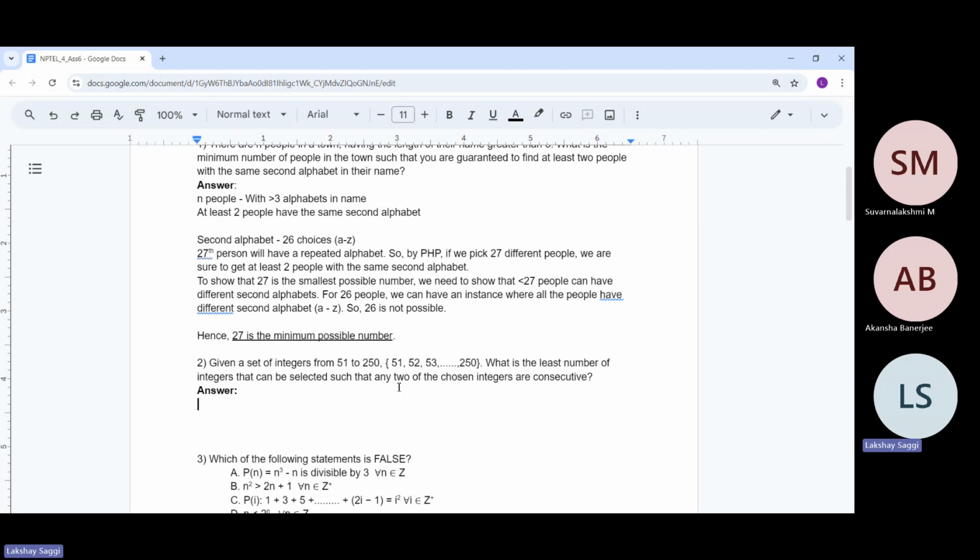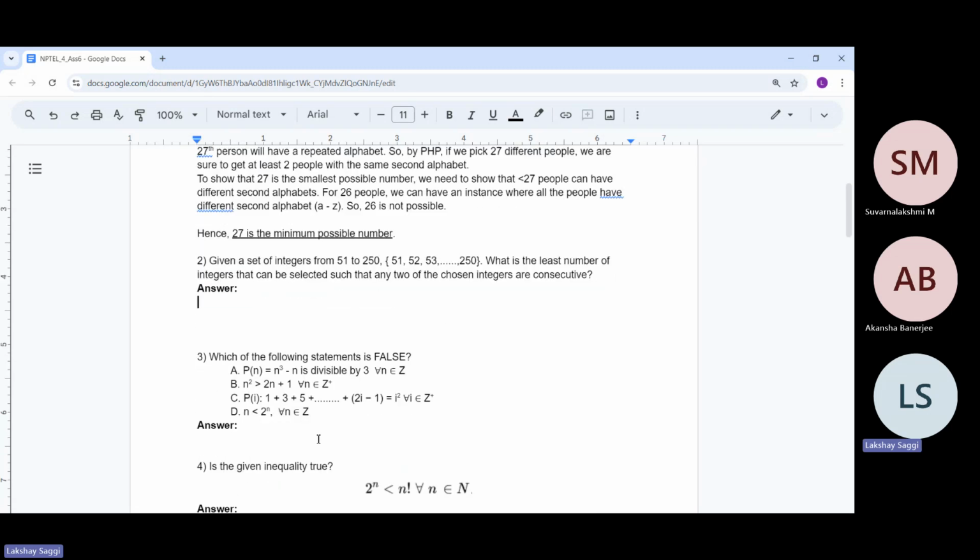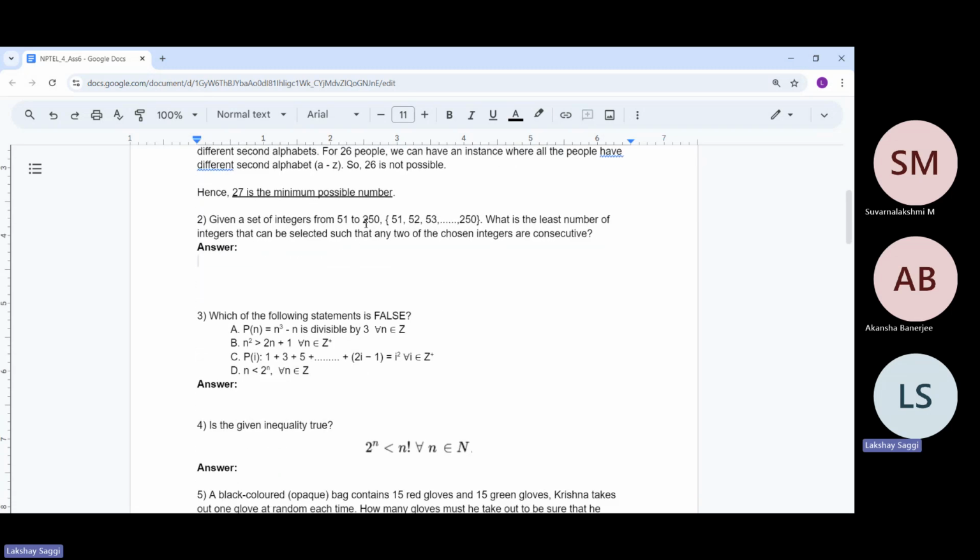Now let's move on to the second question. The second question says that given a set of integers from 51 to 250, effectively the set of integers given to us is 51, 52 to 250, what is the least number of integers that can be selected such that any two of the chosen integers are consecutive?